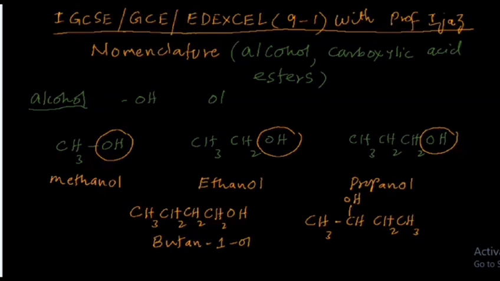Count the carbon atoms, there are 4 carbons, so you can use but, and single covalent bond, an. Now the OL or OH is present on the second carbon, so this compound is butane-2-ol. You can start numbering from either side. First of all, select the longest chain, start numbering on either side, and give the least position to the functional group. 4 carbons. If you start numbering from the right-hand side, alcohol is on the third carbon. And if you start numbering from the left-hand side, alcohol is on the second carbon.